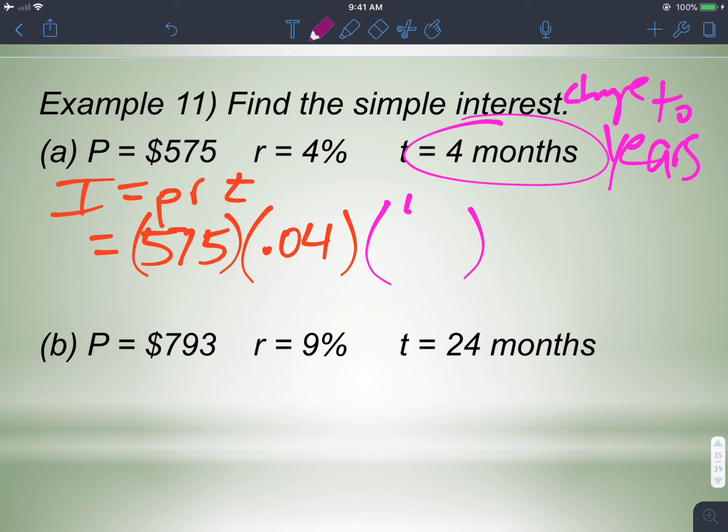I can just write 4 over 12 if I wanted to do that. So if I take a loan out for $575 at 4% for 4 months, I got $7.66. Or if the questions say round to the nearest cent, it would be $7.67.